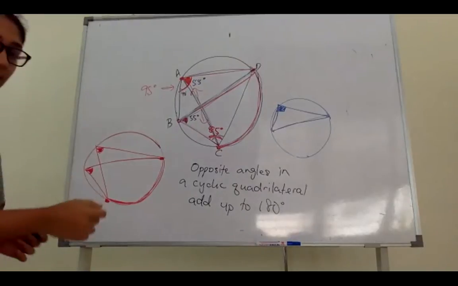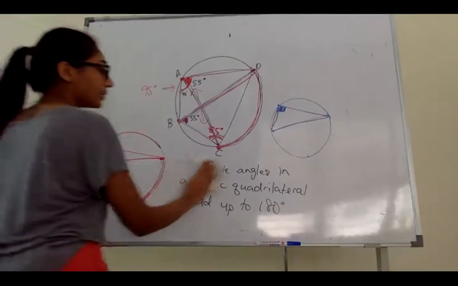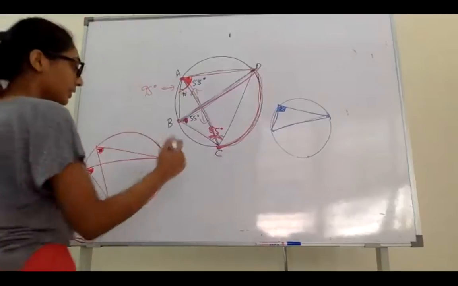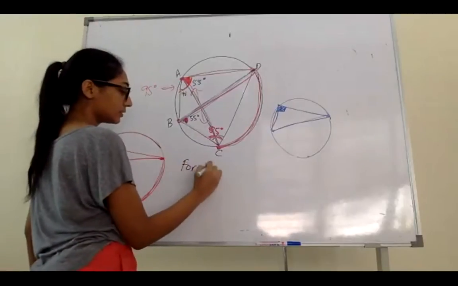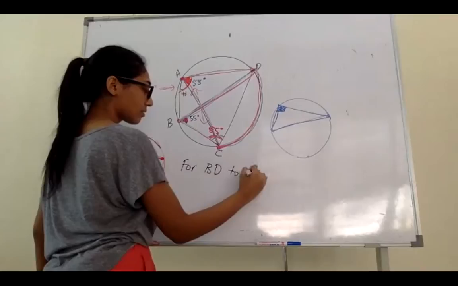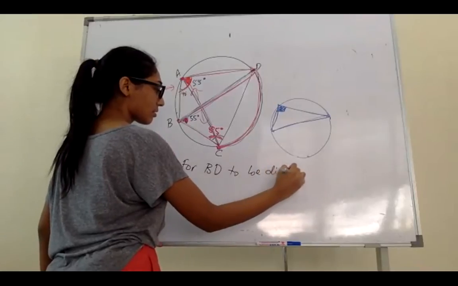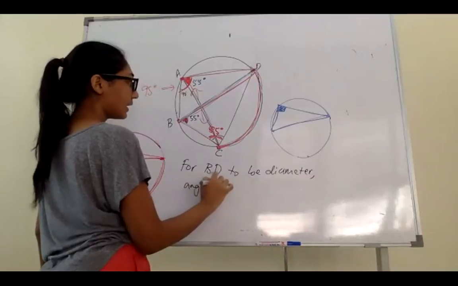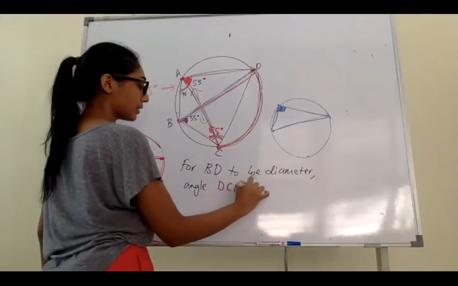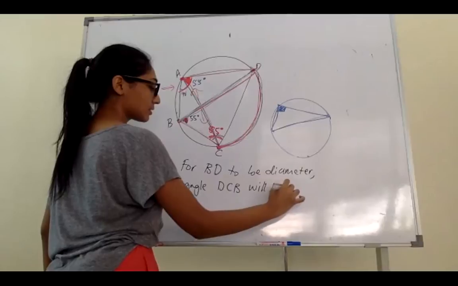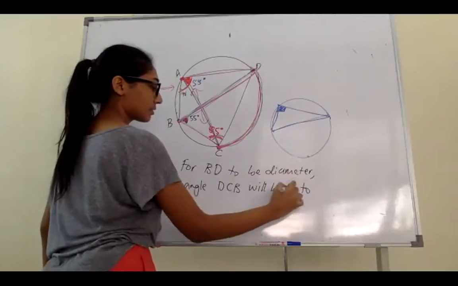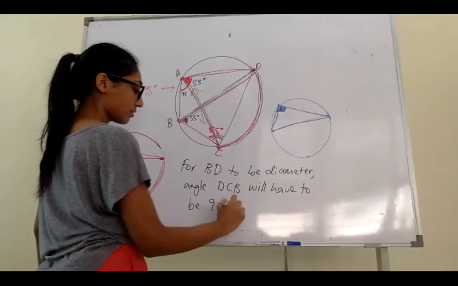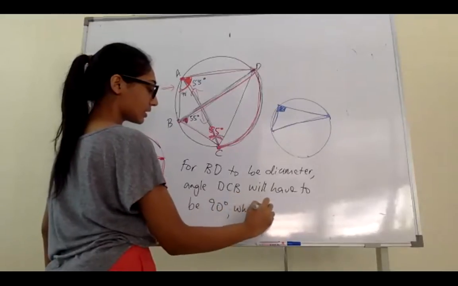Okay, why is BD not the diameter? Because for BD to be the diameter, angle DCB will have to be 90 degrees, which in this case is not.